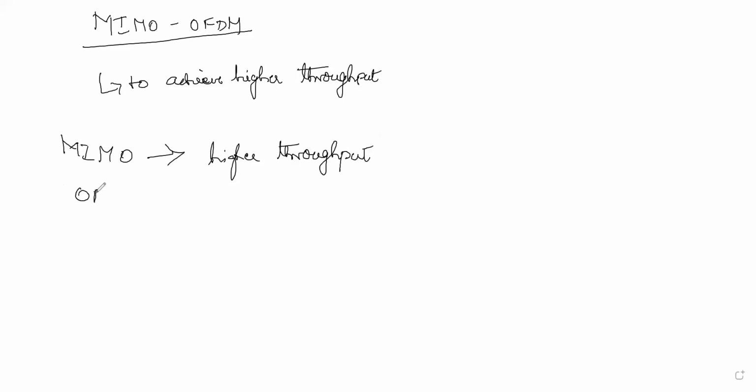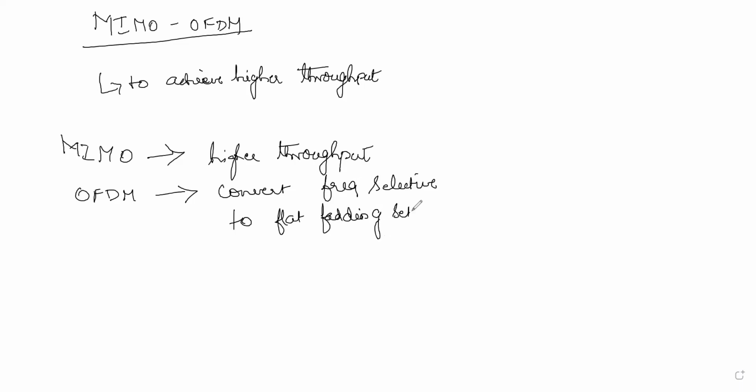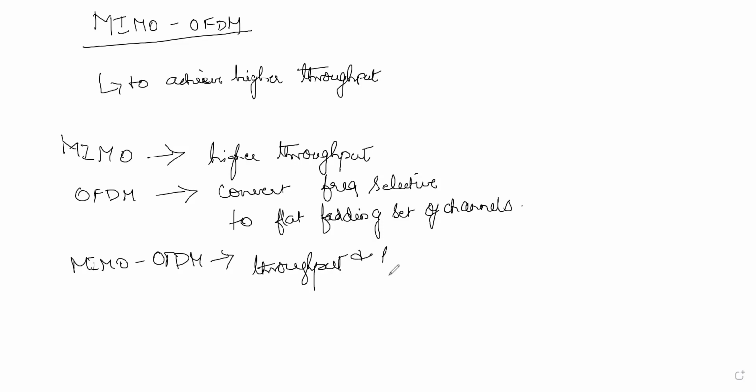And OFDM converts a frequency selective channel into a parallel set of flat fading channels. So when we combine MIMO and OFDM, we can achieve higher throughput as well as this set of flat fading channels.